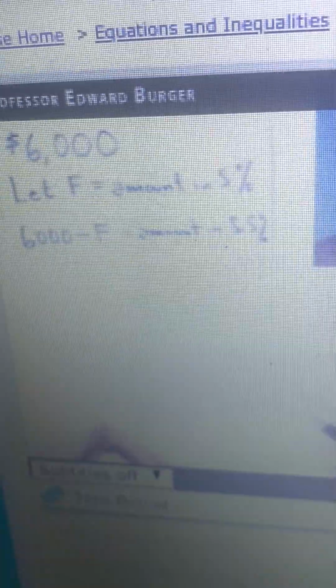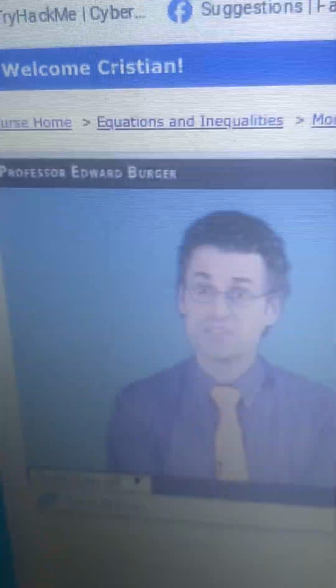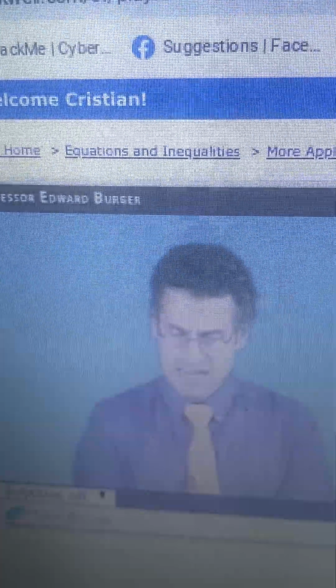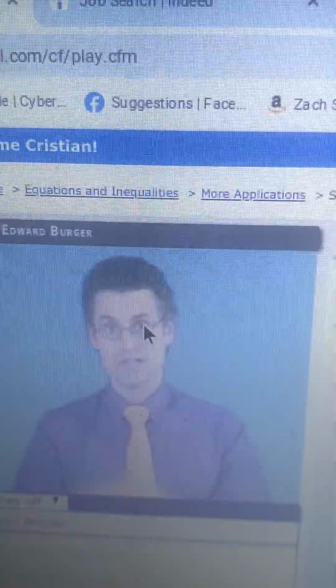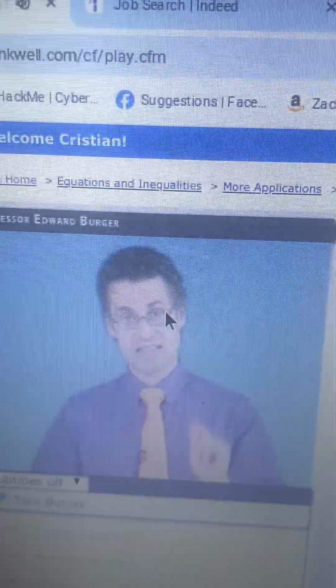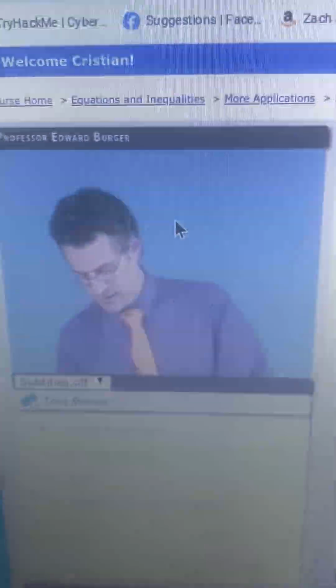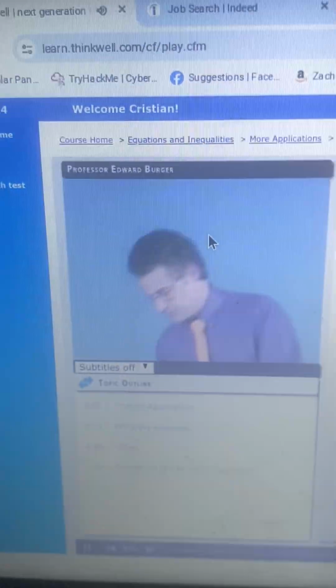Take those two interests and then combine them and add them together, and we know that has to equal exactly $370. Let's write down that equation, because that's the key to unlocking this question.